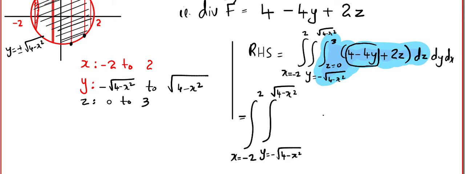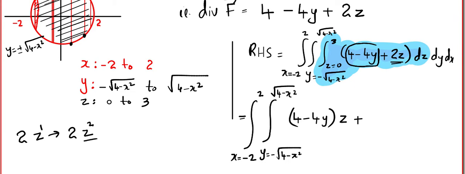A constant integrated with respect to z gives constant times z, plus 2 into z. What is the integration of 2 into z to the power 1? It will be 2 into z to the power 1 plus 1 by 1 plus 1, so we get z squared.